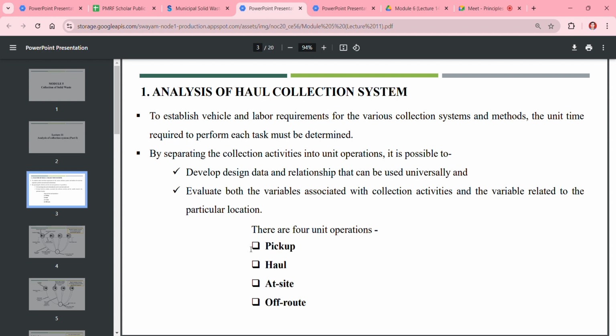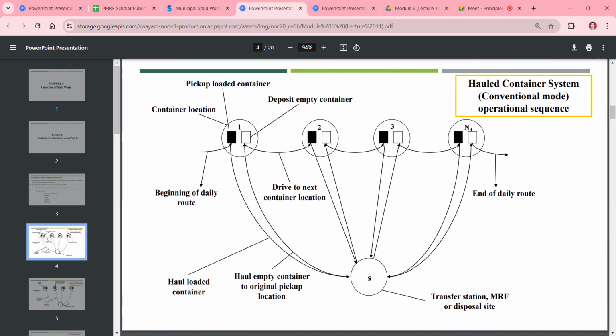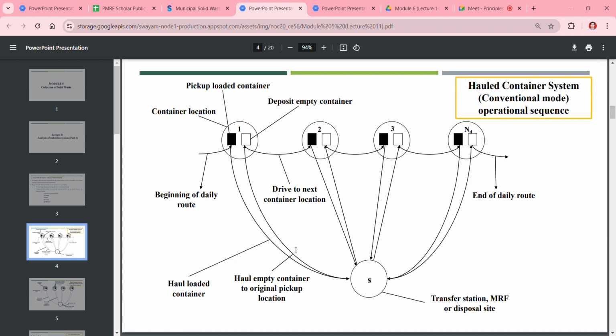Okay, so there are four unit operations in this haul collection system. First is pickup, then second is haul, at site, and off route. Coming to the haul container system, there are two modes. One is conventional mode, in which we have a pickup loaded container.